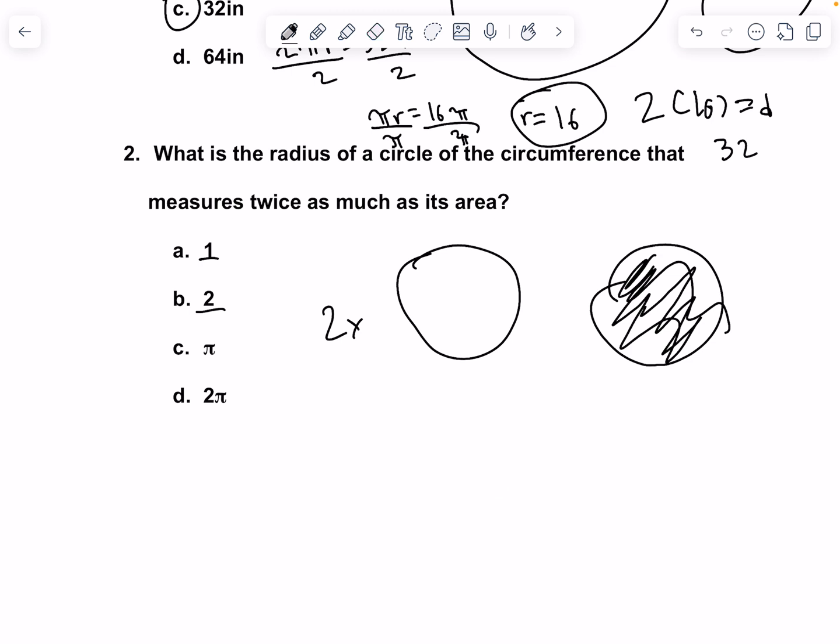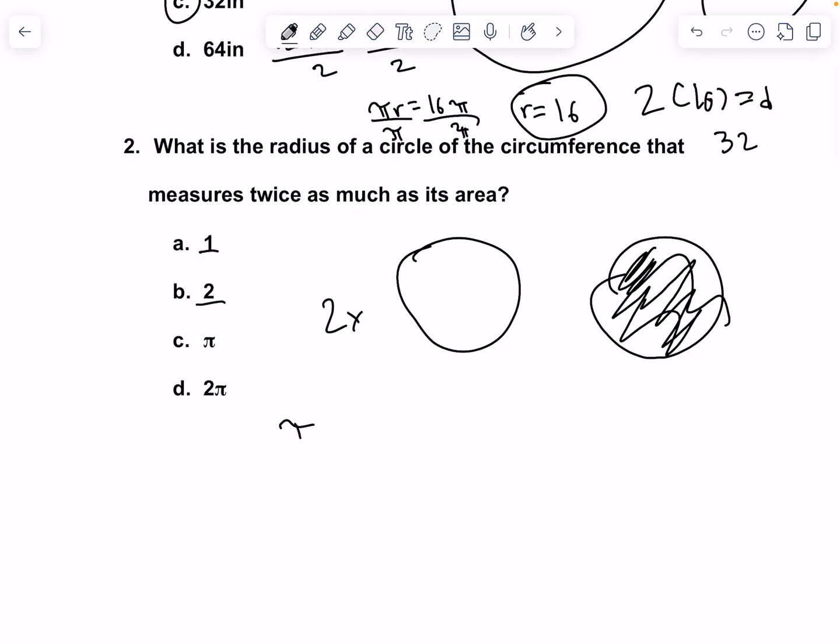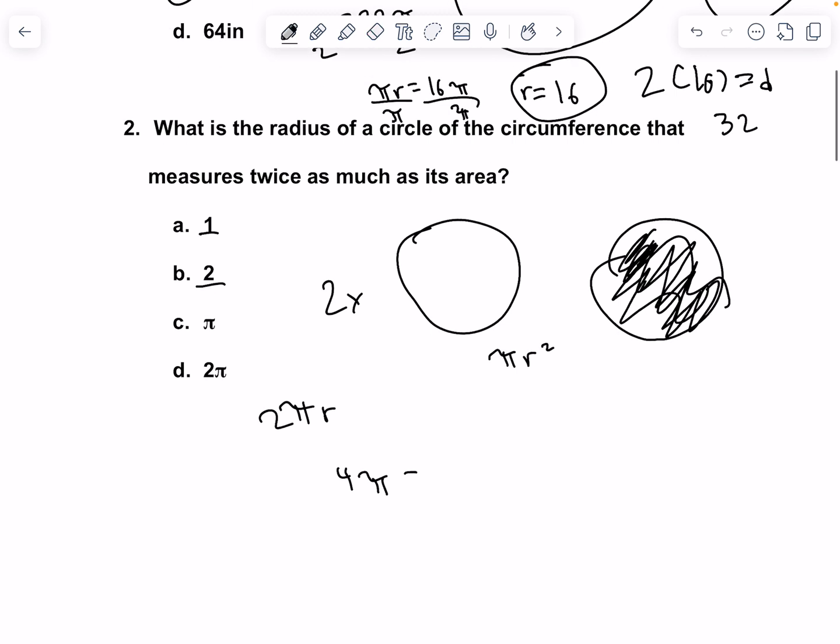So let's just try number 2. For circumference, the formula is 2 pi r. So if the radius is 2, then it would be 4 pi. And for area, which finds the inner part of the circle, it would be pi r squared.